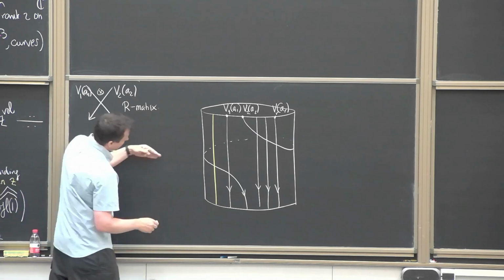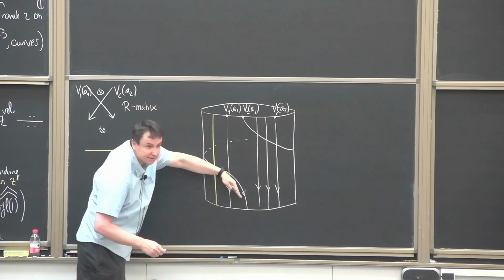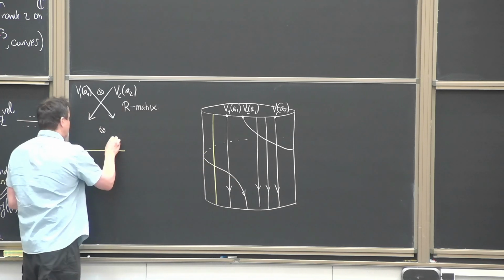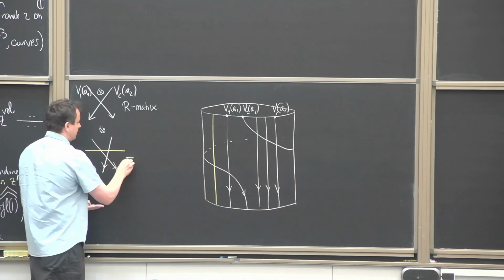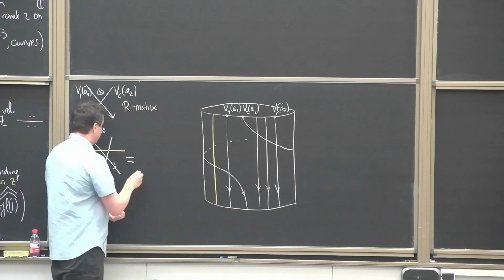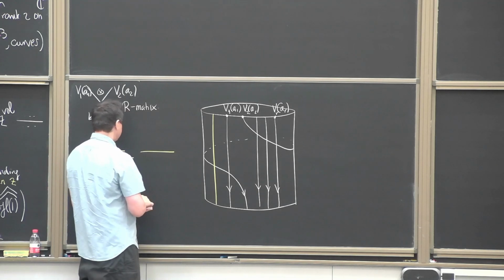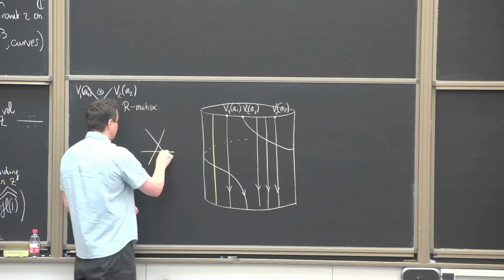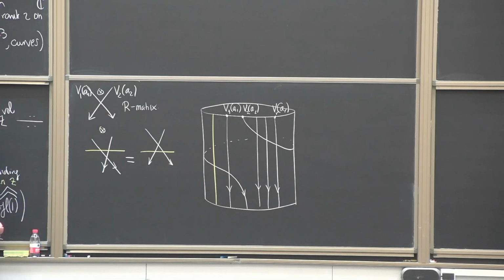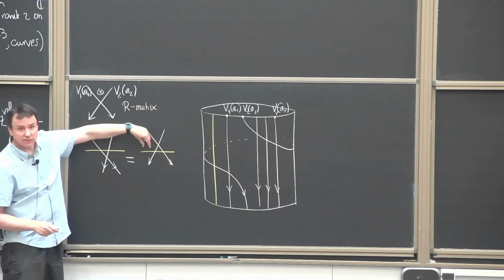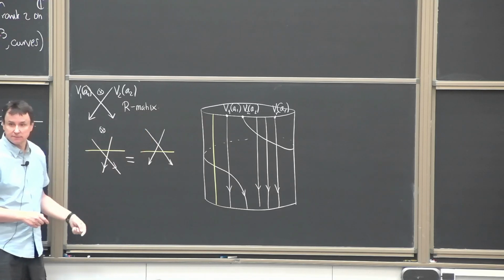So my R matrices always enter this cut from this side. So I need kind of like a Yang-Baxter equation, but this says you can bring this crossing from before or after. Right? So this is to say, acting in the tensor product of two representations, this operator commutes with the R matrix.